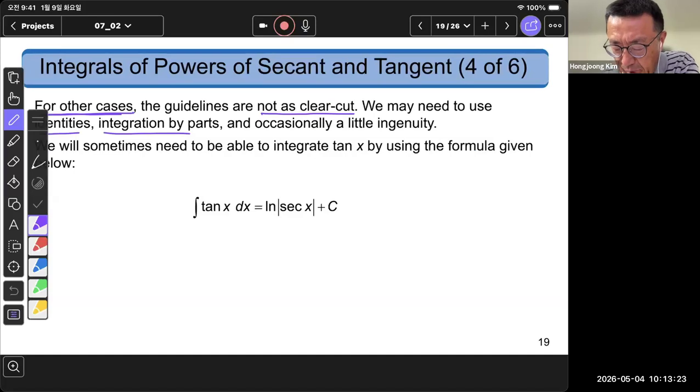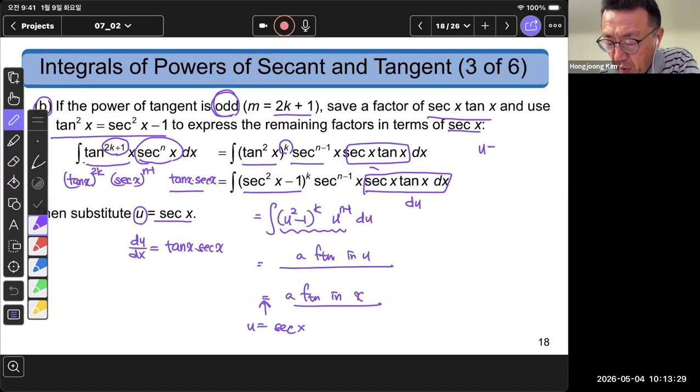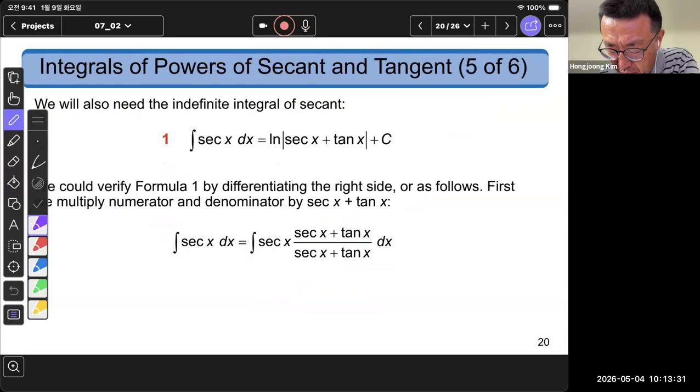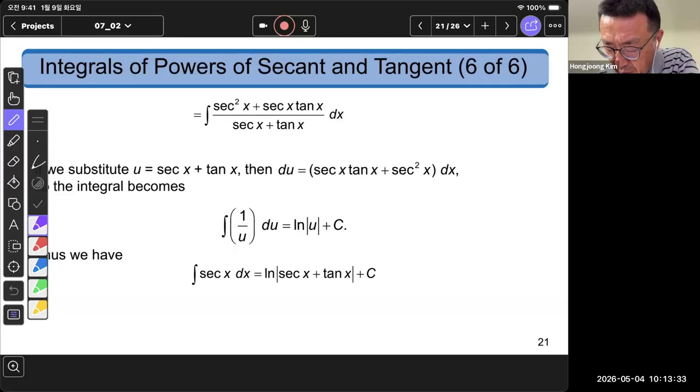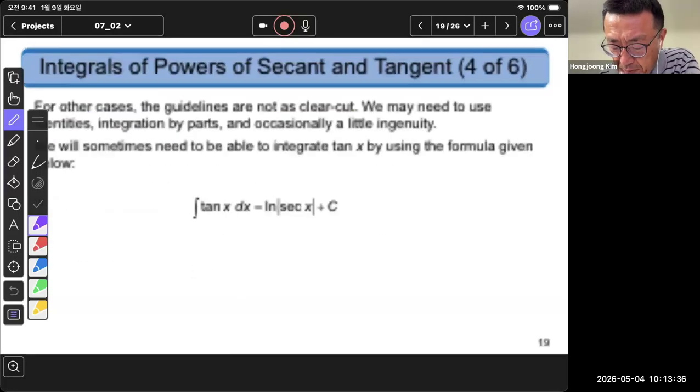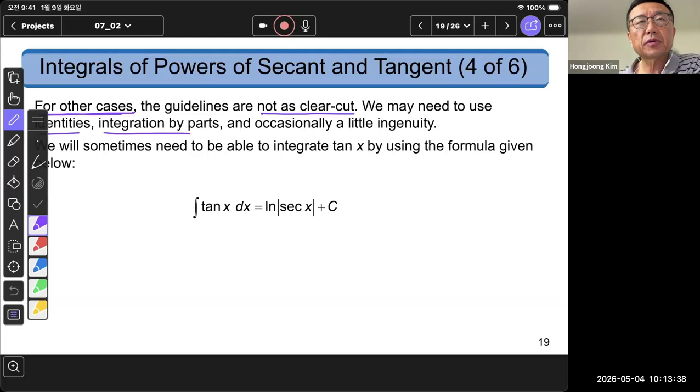Before I go to the next one, let us consider a few examples.